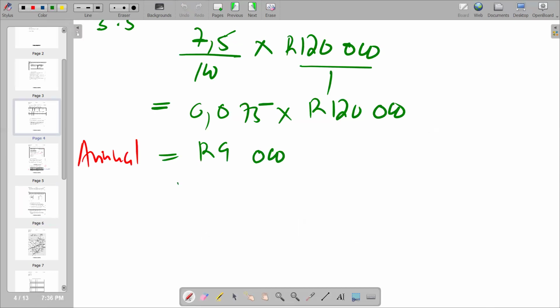So it becomes 9,000 times 3, which will give you, obviously, 27,000.